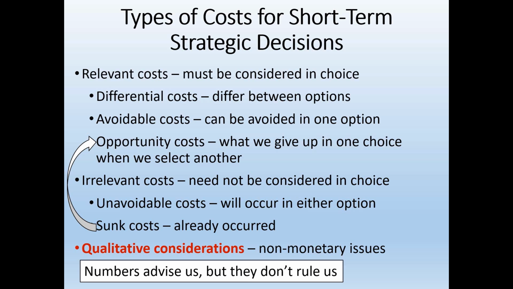One of our basic rules for managerial accounting is that numbers advise us, but they don't rule us. So, for example, you don't have to order the cheapest thing on the menu. You could, but there may be non-monetary issues that would make you choose something else.